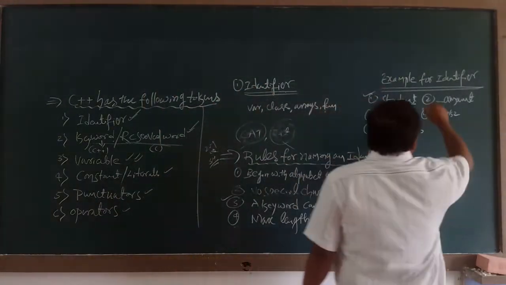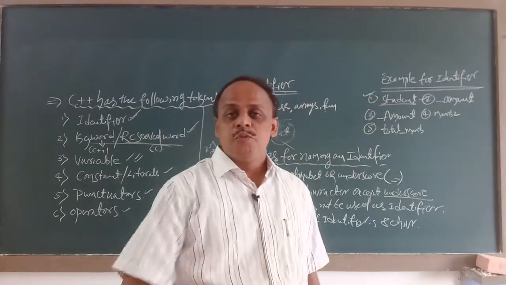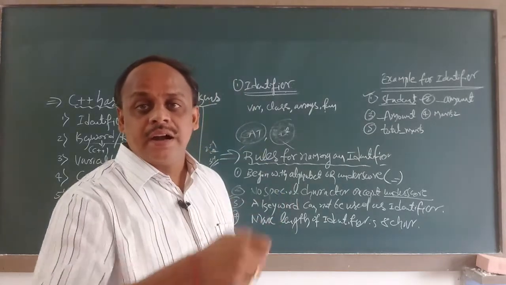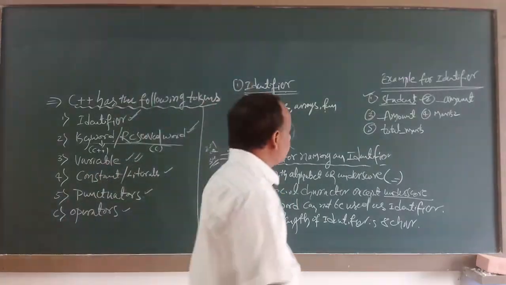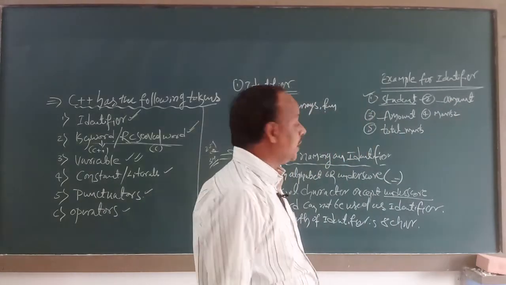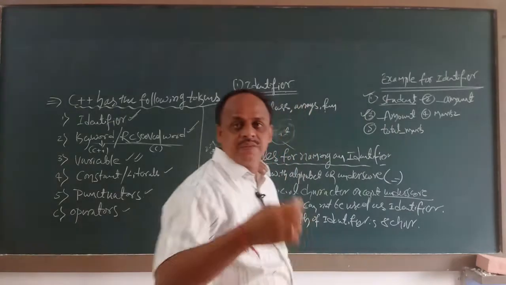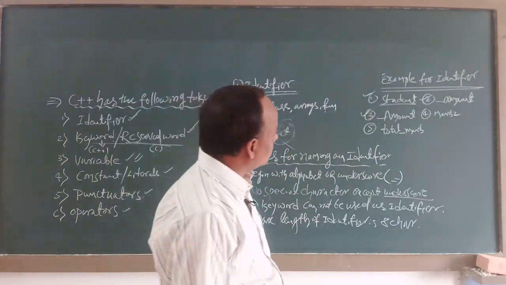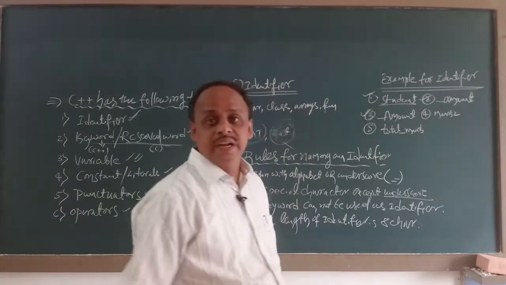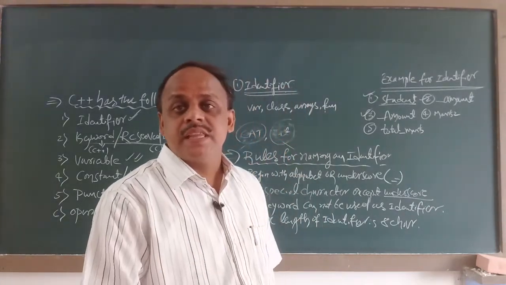Second one is also a valid identifier because it should begin with an alphabet or underscore, and here it begins with an underscore. Third one is also a valid identifier because it also begins with an underscore. Fourth one, mark2, is also a valid identifier because it begins with a character.